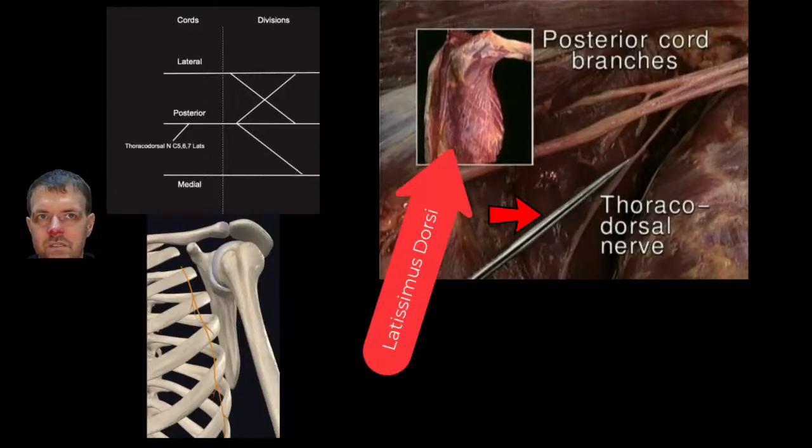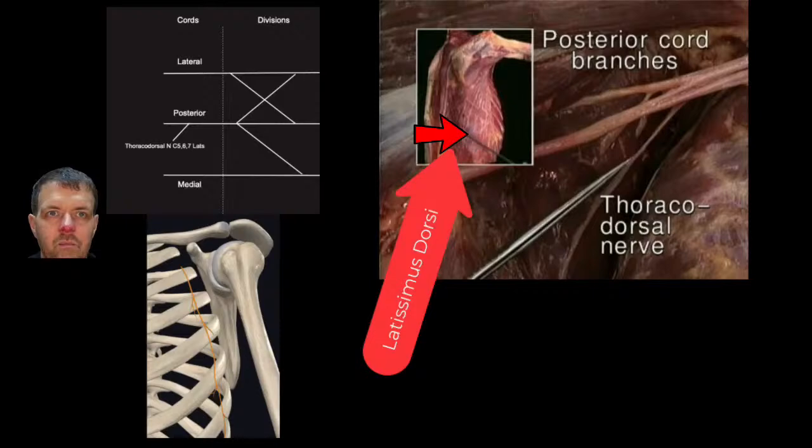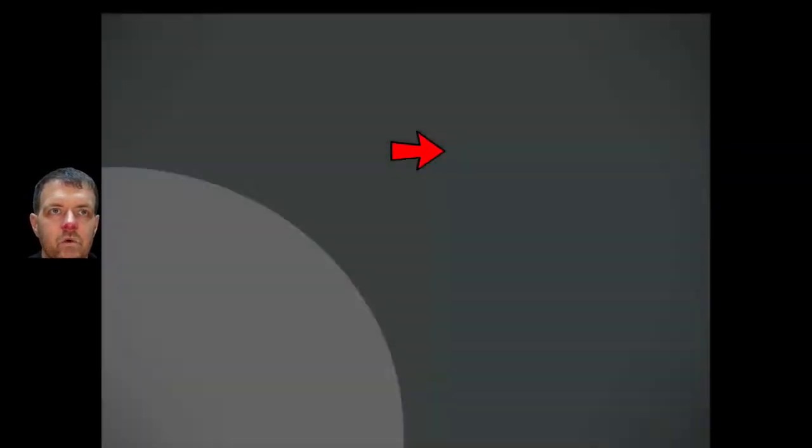So this is the one that supplies your latissimus dorsi muscle. There's your lat, huge, huge muscle. Yeah, coming off of that posterior cord, thoracodorsal nerve, all the way down side of the rib cage.